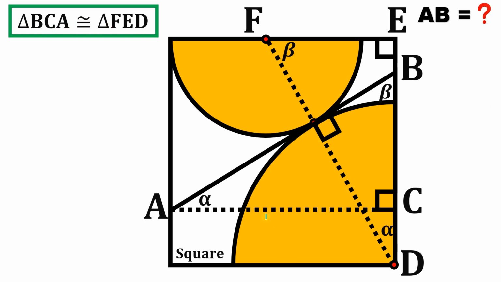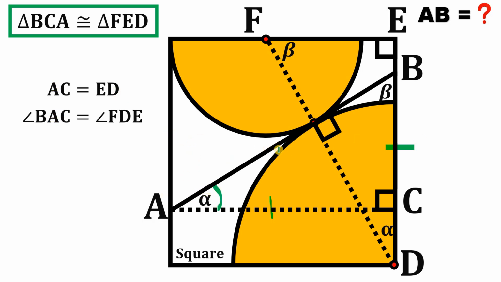First, side AC is equal to side ED. The reason is they are both the length of the side of the square. So we can say that AC equals ED. Next, angle BAC is equal to angle FDE.